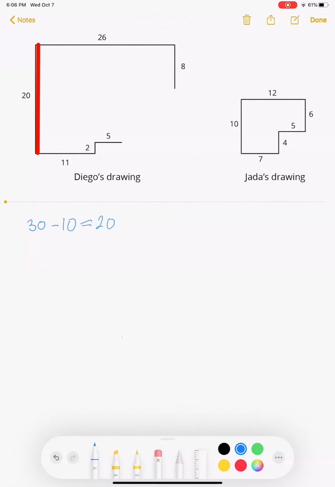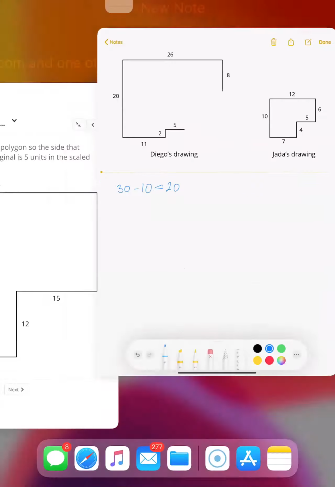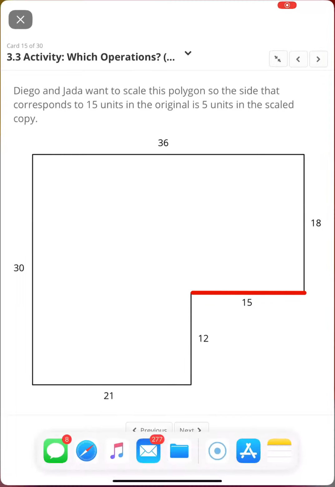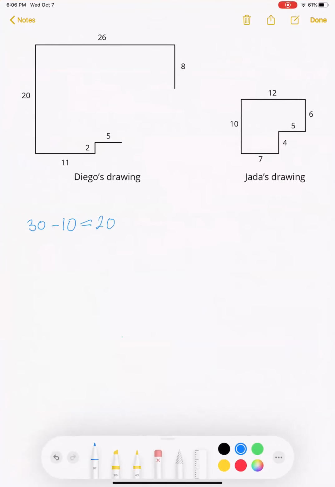The original question is asking him to scale down this polygon so that this side length, the one that's 15 units long, is scaled down to 5 units. So Diego went, oh wait a minute, the original is 15 units long, how am I going to get it to be 5 units? Okay, easy, I'm just going to subtract 10 from it, and I got 5. So there you go, I got the right answer.